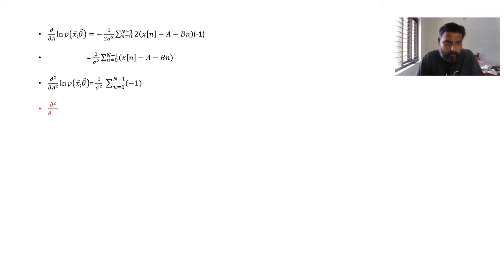So dou square by dou a square ln of p of x of theta is nothing but minus n by sigma square.